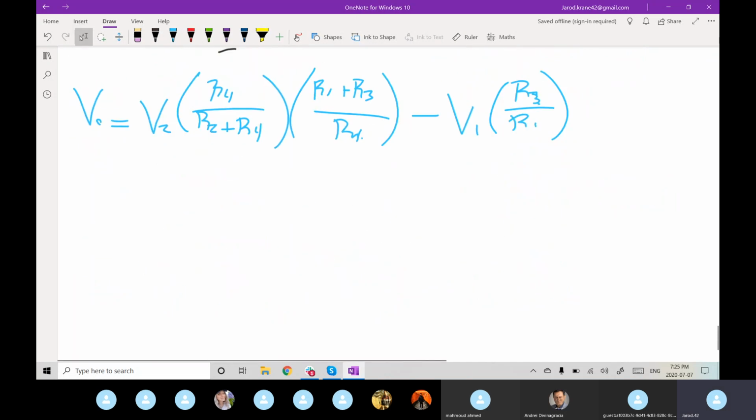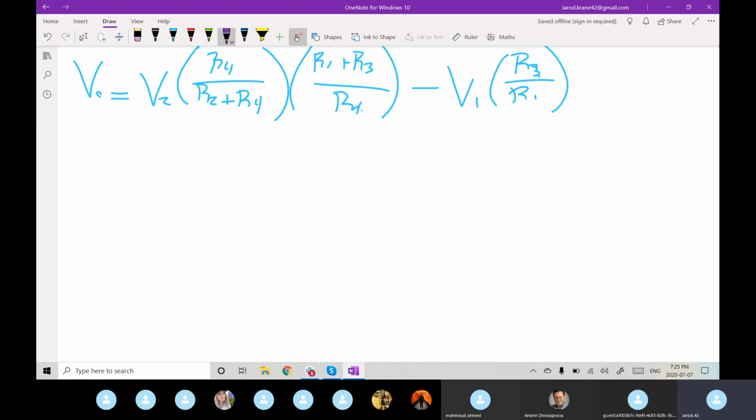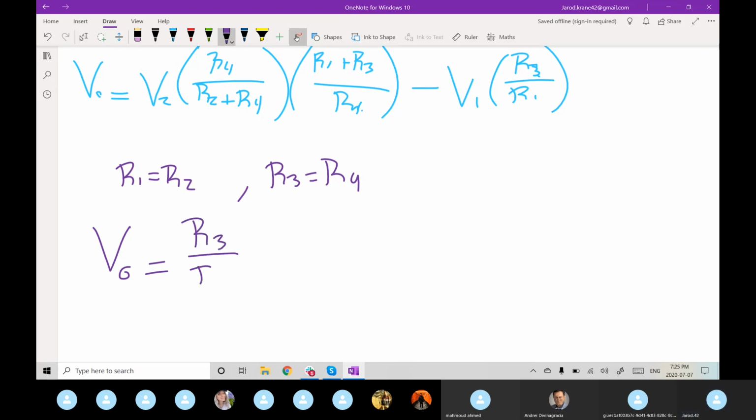So what that looks like is now our output is just going to be R3 over R1 multiplied by V2 minus V1.